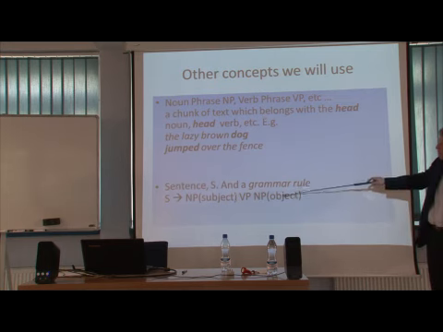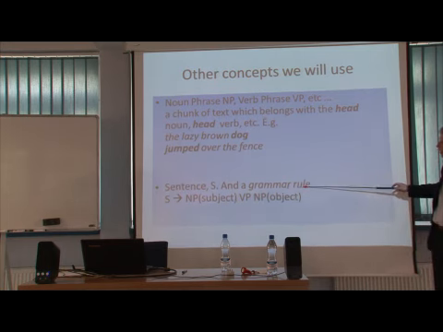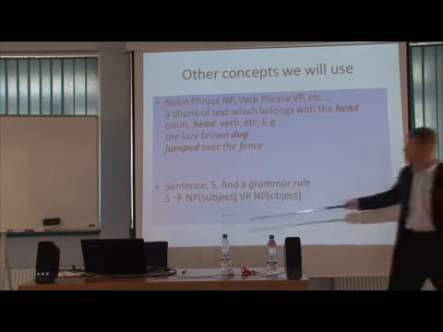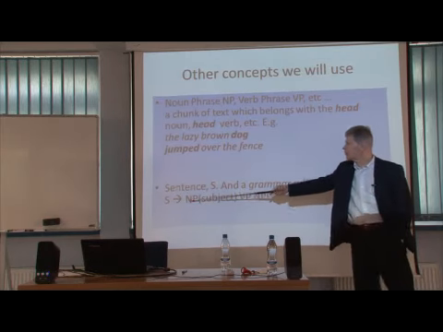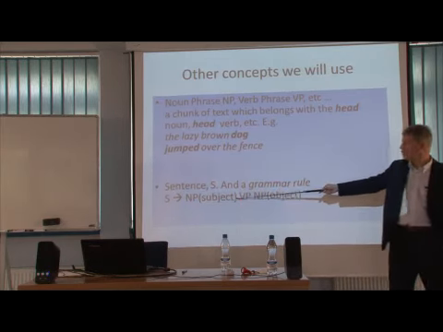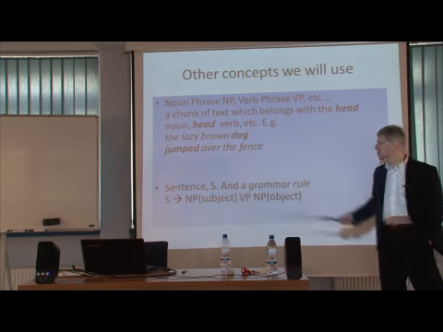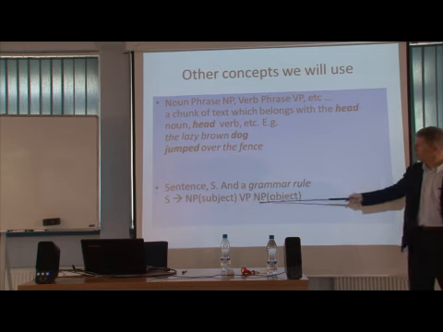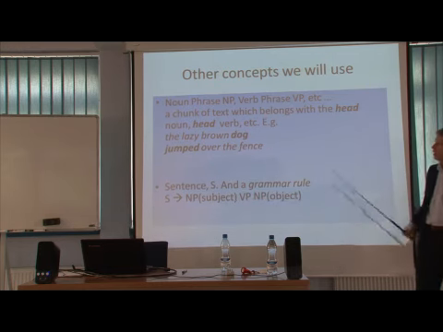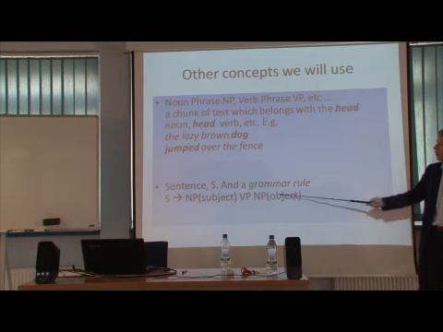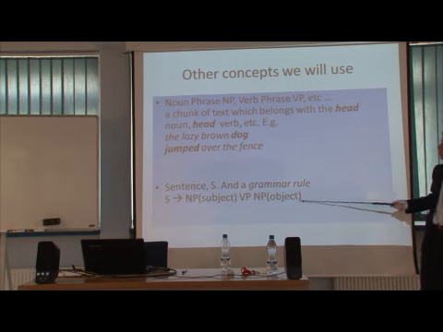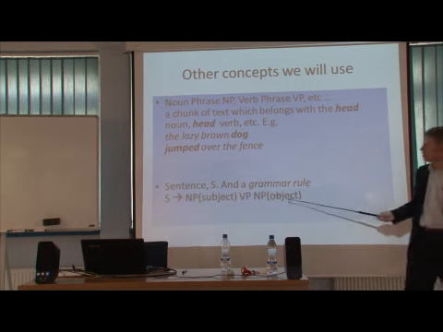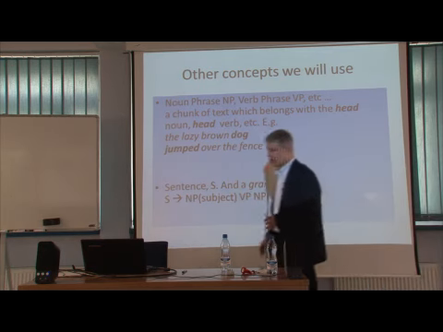Grammars are often represented by grammar rules. So a sentence decomposes into a noun phrase which is the subject, a verb phrase, and an object which is another noun phrase. This is how we usually write grammars, the formal way of describing them.